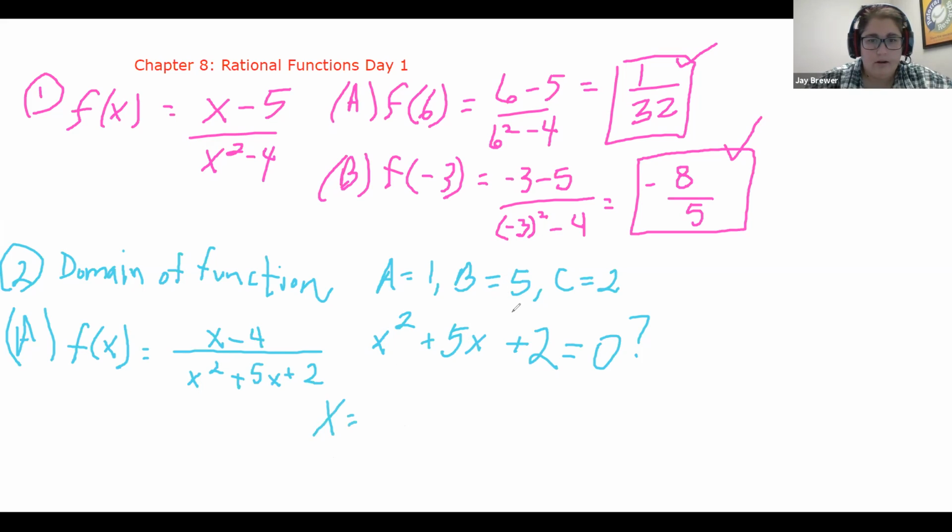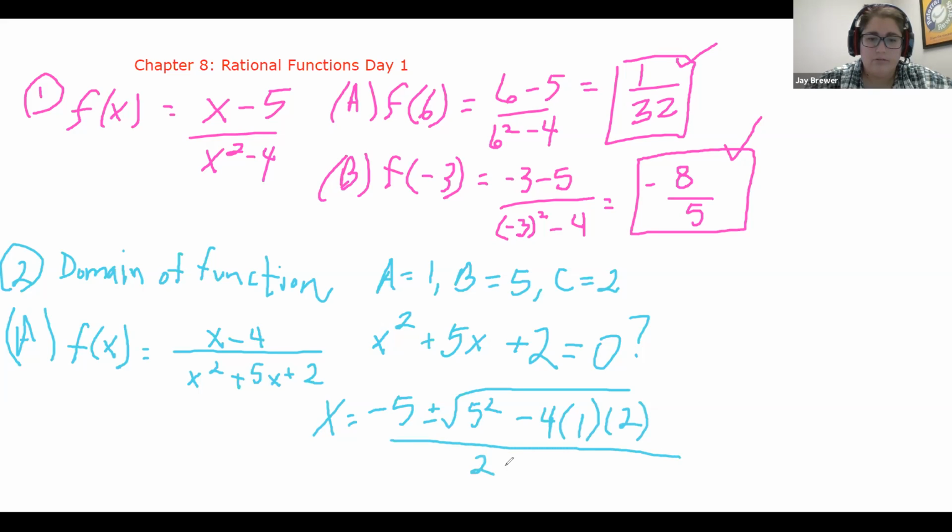So we're going to bring our 5 out, and it's negative. So -5 plus or minus the square root of b squared, so 5 squared, minus 4 times a times c, all over 2 times a.